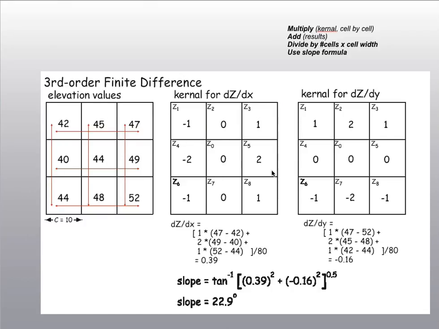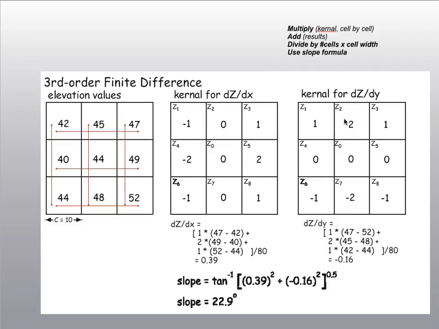So I can do this moving window where I calculate the dz dx, but this z4 gets a value of minus 2. This z1 gets a value of minus 1, and z6 gets a value of minus 1, and calculating our dz dx. All I'm doing is calculating my dz dx a little differently with a weighting of the cells that are on either side of my central column here to get that gradient across the x. Gives me a little different dz dx.